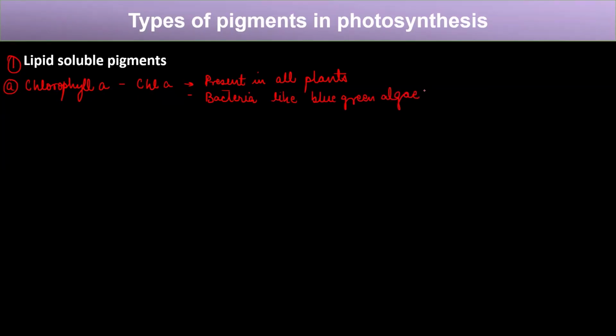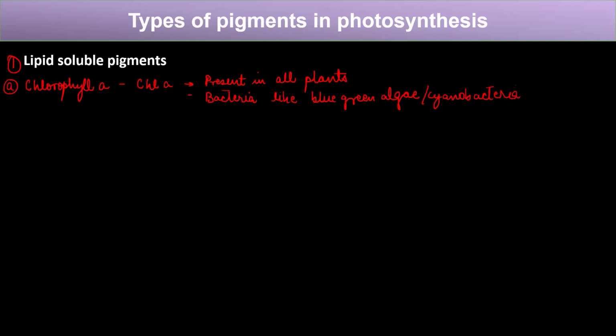What is blue-green algae? Blue-green algae is also known as cyanobacteria, and these are photosynthetic bacteria. These bacteria also contain chlorophyll A. So apart from plants, it is also present in bacteria like blue-green algae or cyanobacteria.